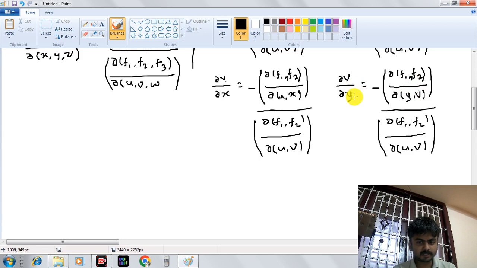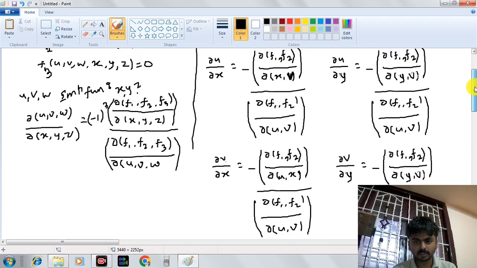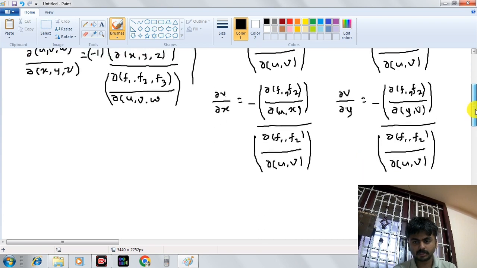Oh, here there is a small mistake in the above formula. So I'm differentiating, okay, there is no mistake here. Now we have to change it.